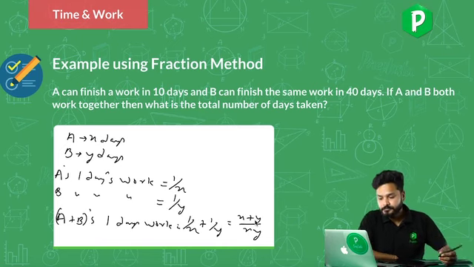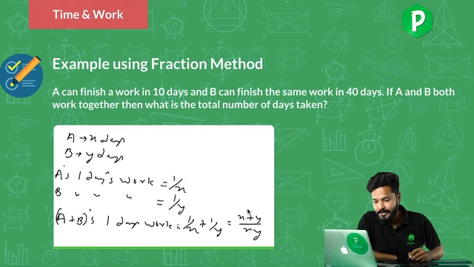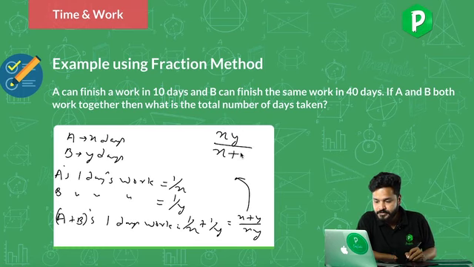Then to find the total number of days needed by A and B to complete the entire work, we invert it. So we finally get the answer as XY upon X plus Y.